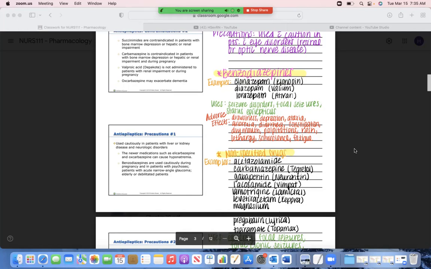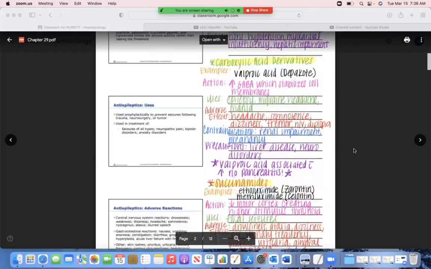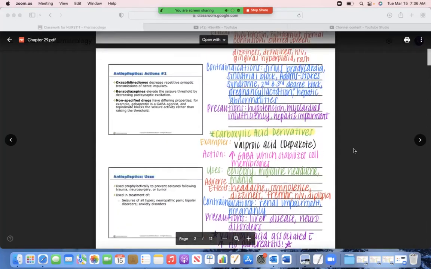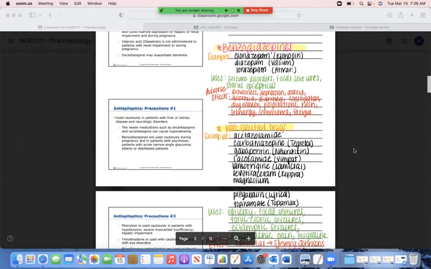Okay. Non-specified drugs. Ironically, this weird class of drugs thrown on the end that don't actually fall into another class really is our biggest chunk of anti-epileptic drugs. So we've talked about the phenytoins, the oxazolidinediones, succinamides, and carboxylic acid derivatives.